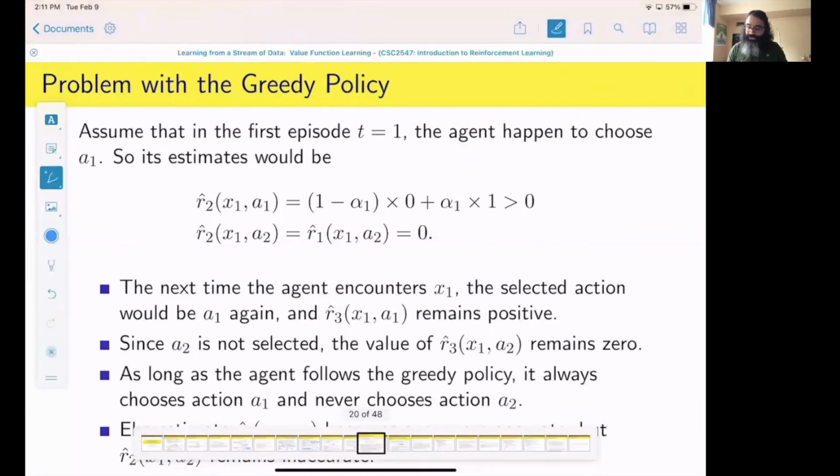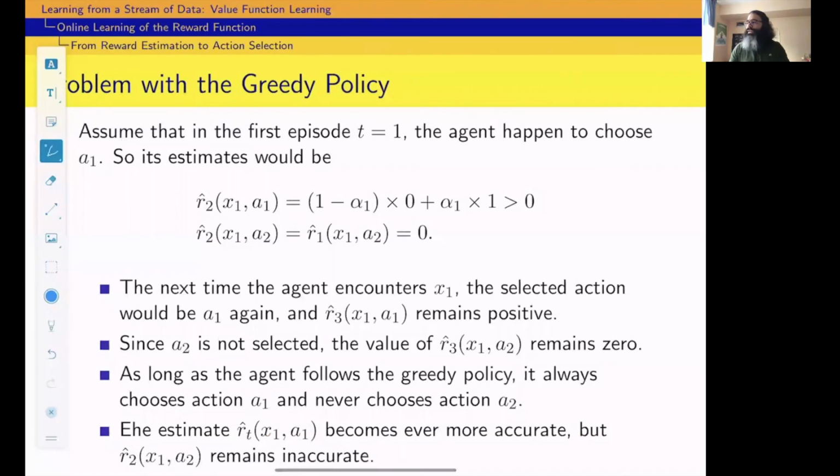Suppose that at the first episode, t1, the agent happens to choose A1 by chance. How would the estimate be? We use stochastic approximation to update it. So R hat 2 of state x1 and action A1 would be (1 minus alpha 1) times 0, the previous value, plus alpha 1 times 1.